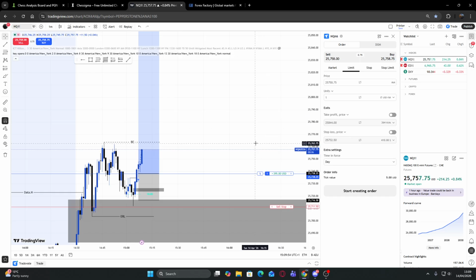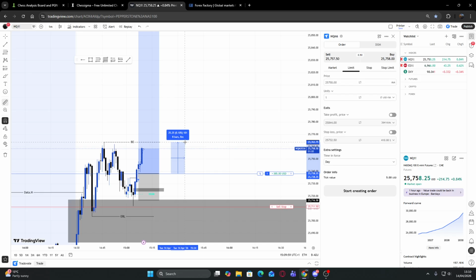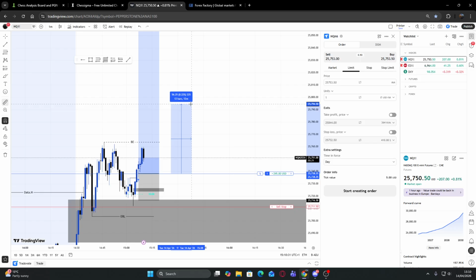Okay, so I want to measure this move so I can tell. 25, so this will be, this is 21 points, it's 400, so 21, we need, this will be 42, we'll call this 800, and then you add another 12, so 56, somewhere here.